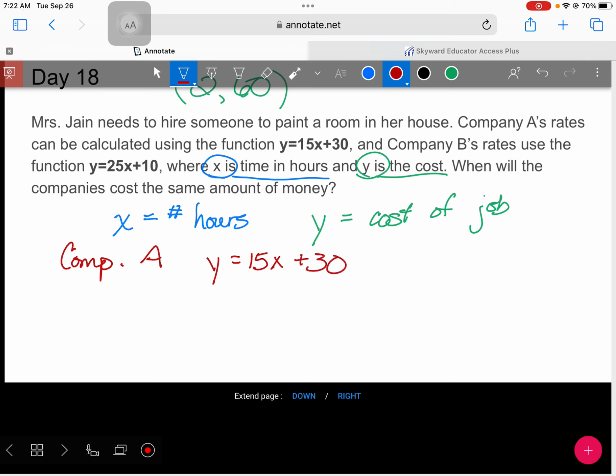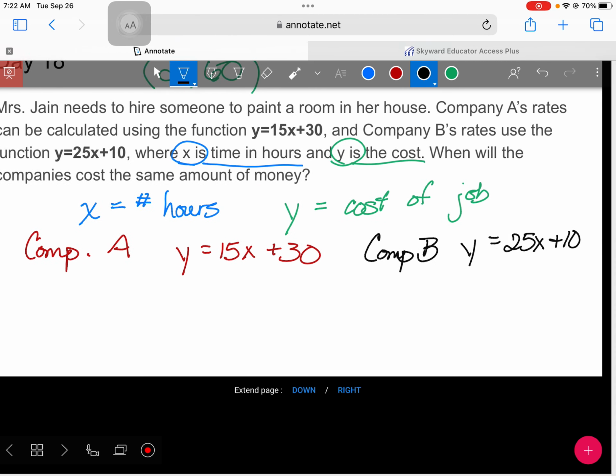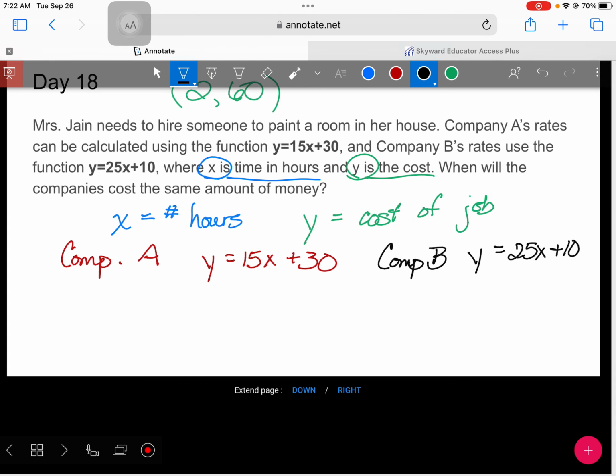And Company B, y is equal to 25x plus 10. And it says, when will the companies cost the same? When will they cost the same?